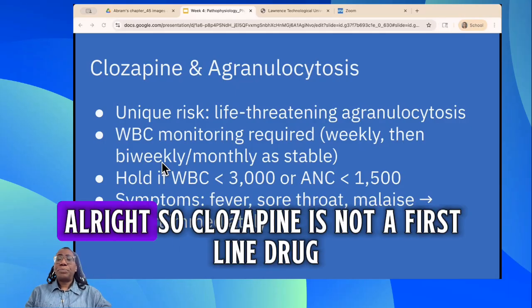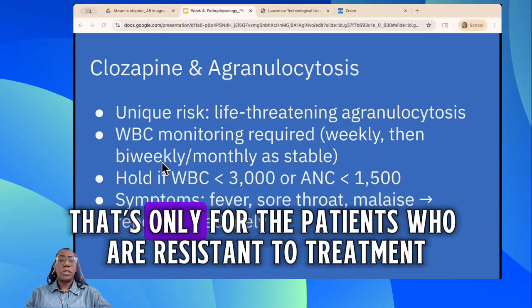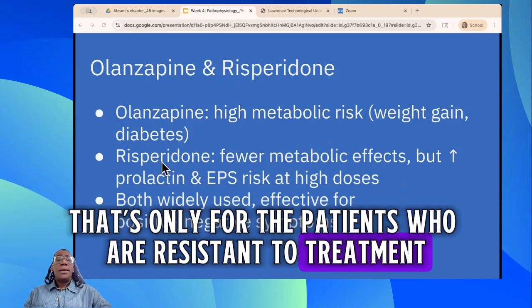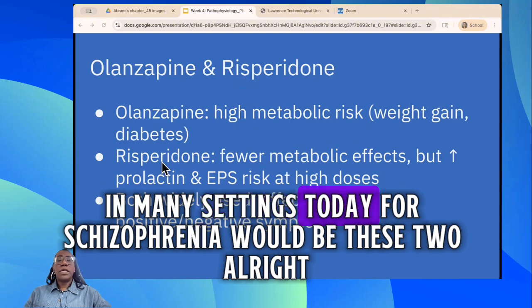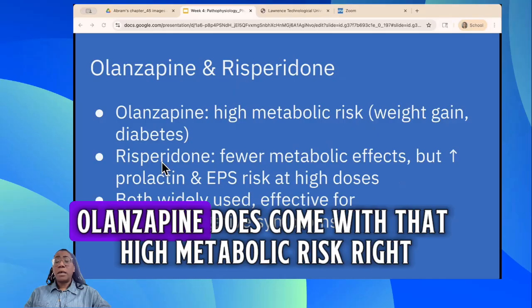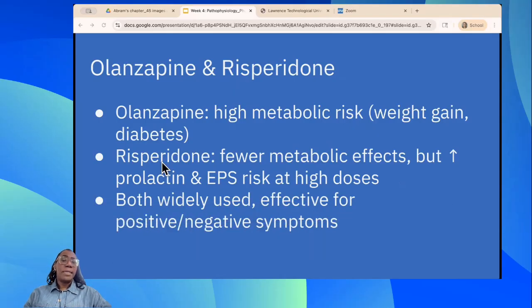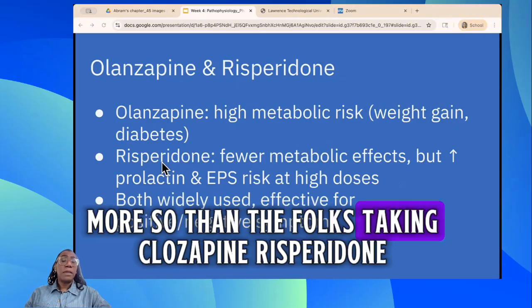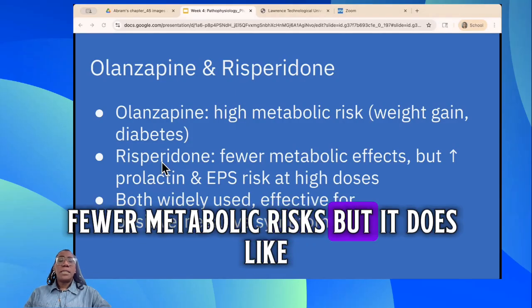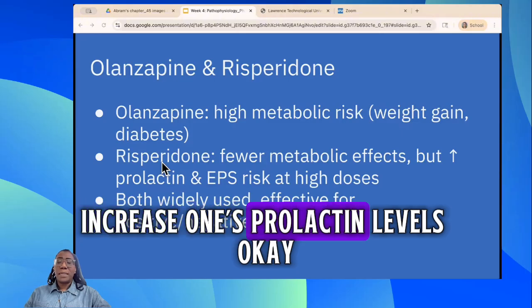All right, so clozapine is not a first-line drug. We do not give that. That's only for the patients who are resistant to treatment. All right, but the first line drugs in many settings today for schizophrenia would be these two. All right, olanzapine. Now, olanzapine does come with that high metabolic risk, right? Those people do develop weight gain and diabetes, more so than the folks taking clozapine. Risperidone has fewer metabolic risks, but it does increase one's prolactin levels.